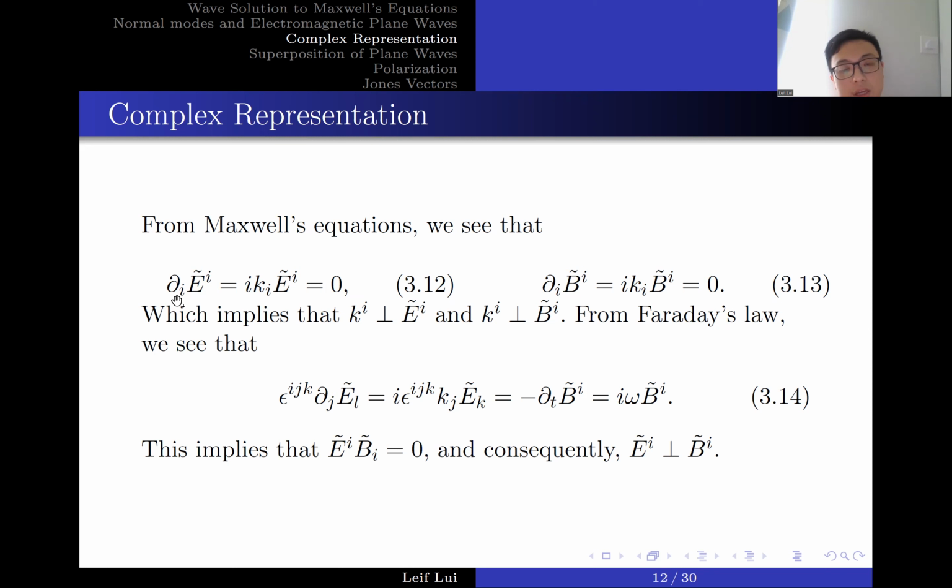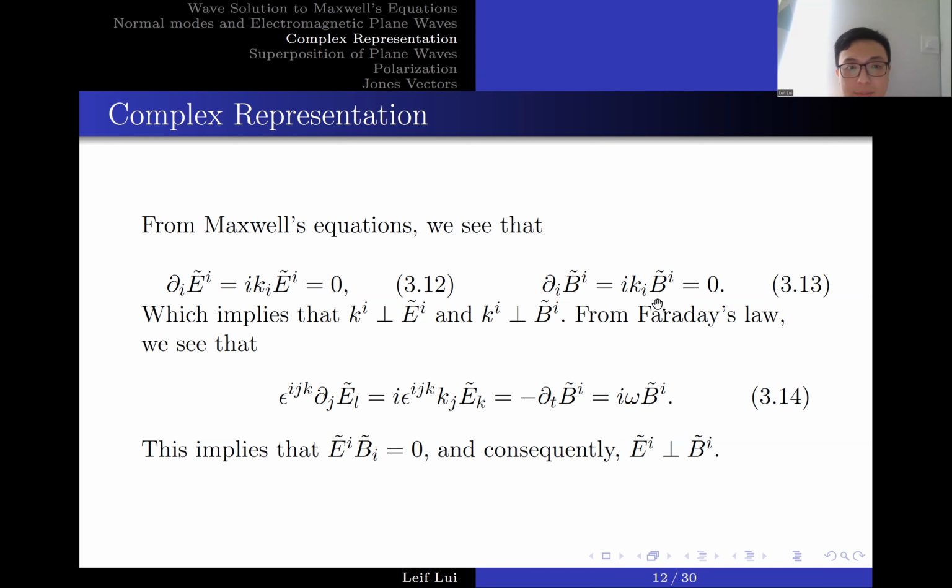Remember that the divergence generates the wave vector in both cases. So this is essentially the dot product between the wave vector and the electric field, and the wave vector and the magnetic field. If the dot product between two vectors is zero, this implies that they are orthogonal. So we've shown here that k is orthogonal to E and k is orthogonal to B.